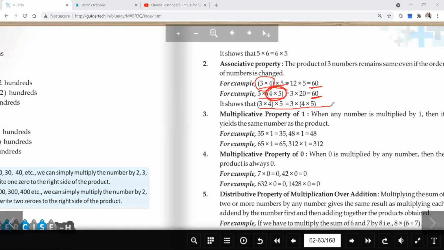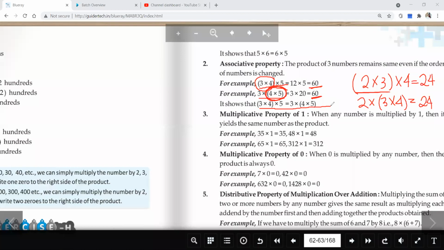It means I can say like that, 2 into 3. In this case I am putting the first bracket outside of 2 and 3. Here I am writing 4. So here I can just write 24. The answer is coming like that. And in this case I am writing like that; here also the answer will be 24.